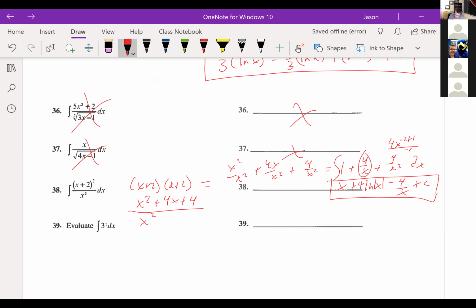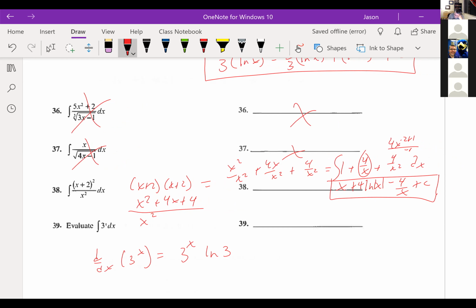Okay, so that one we could do. 39, we might be able to use that table to do 39. However, when we take the derivative of 3 to the x power, the derivative ends up being 3 to the x natural log of 3, right? So we could actually just reverse engineer this.